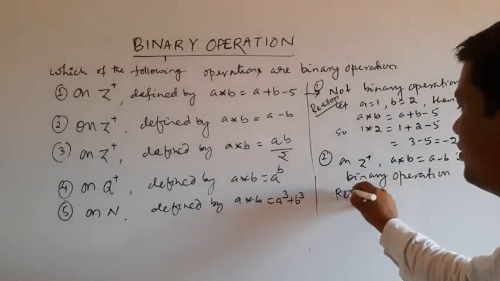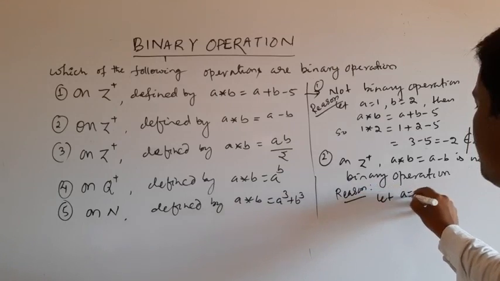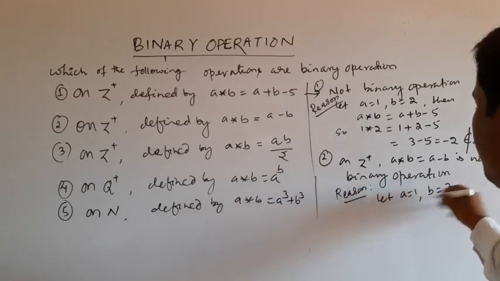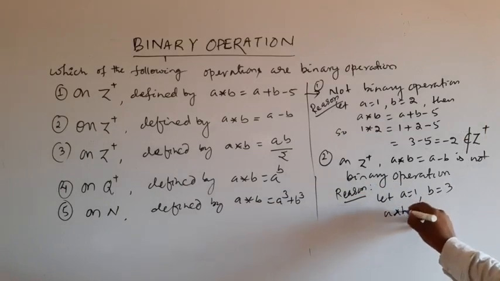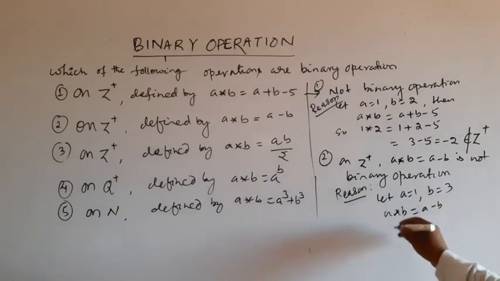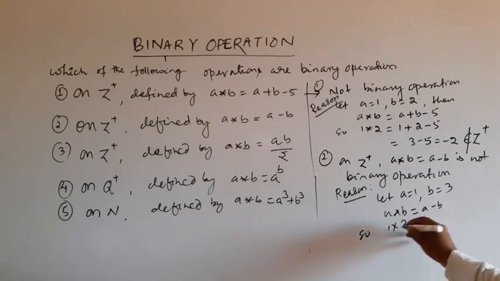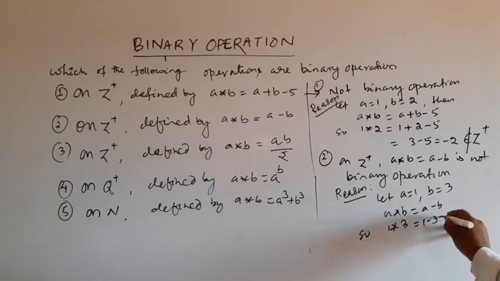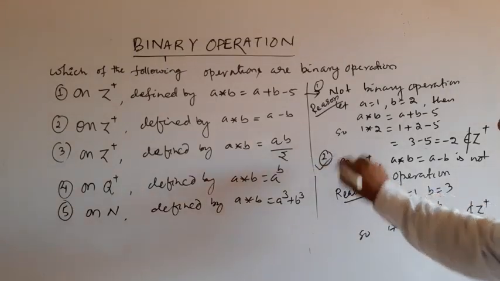Reason: let a be equal to 1, b equal to 3. So a star b is equal to a minus b, that is 1 star 3, which is 1 minus 3. This is minus 2, not belonging to Z plus. So it is not a binary operation. Question number 1 and question number 2 are complete.